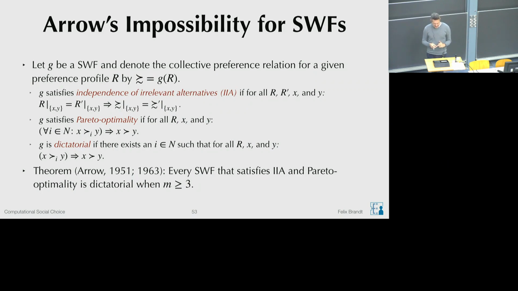The idea here is that if we talk about a typical application of a social welfare function, for instance, we have the entire body of students. That's the set of voters. And then we have a set of alternatives, which could be the courses that are being offered in computer science, for instance, at TUM. These students have preferences over these different courses, at least the ones that they have taken.